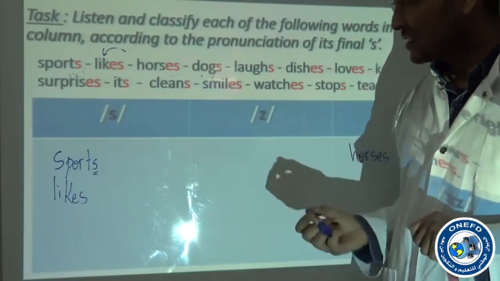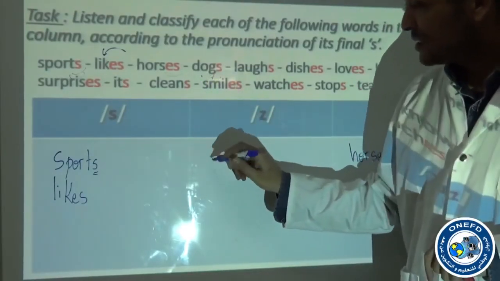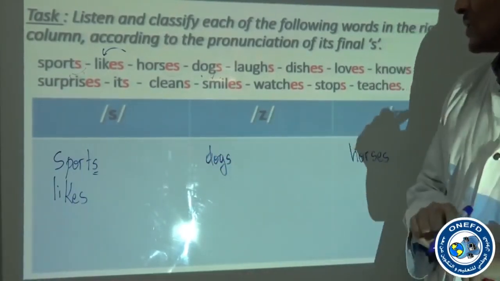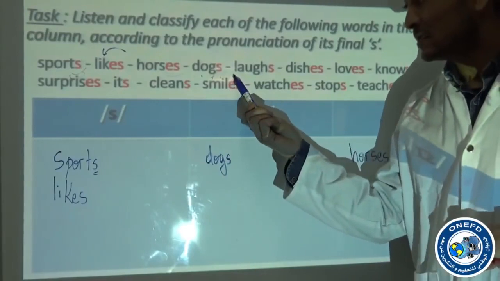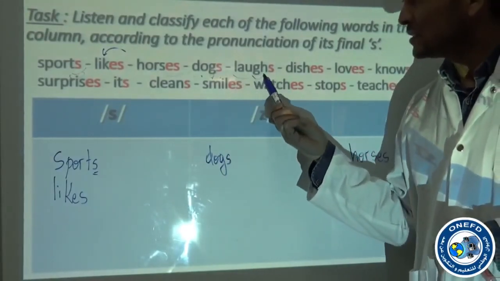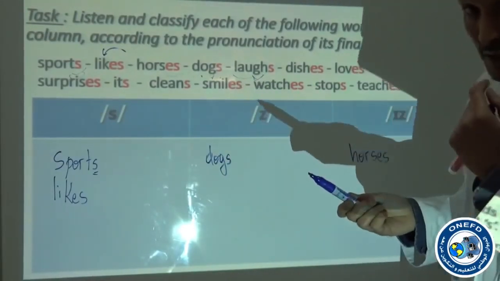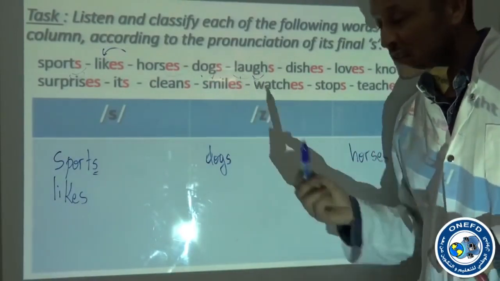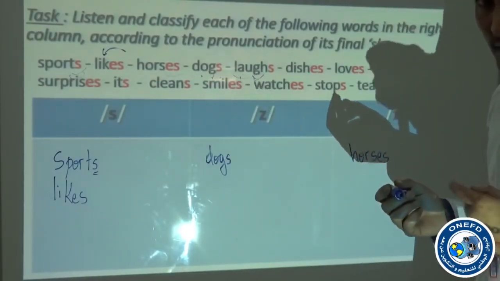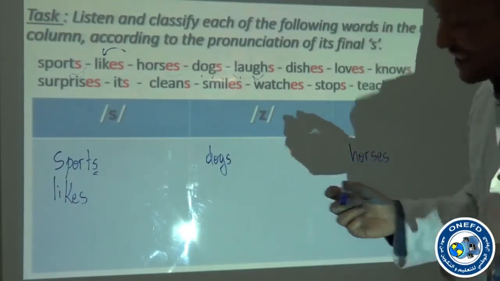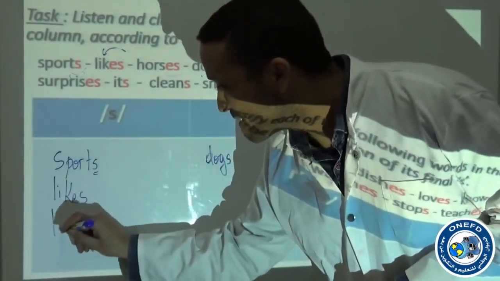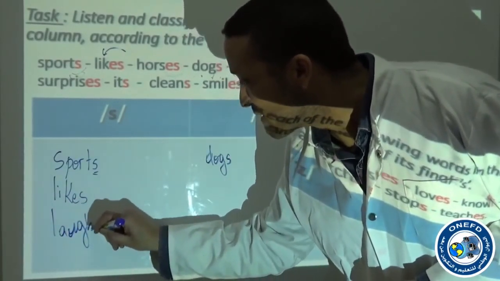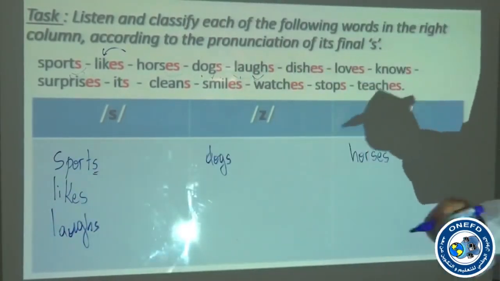Yes, this is the middle column. Here, the GH is the sound F. We say laughs. Laughs, it is in the first one. Okay?